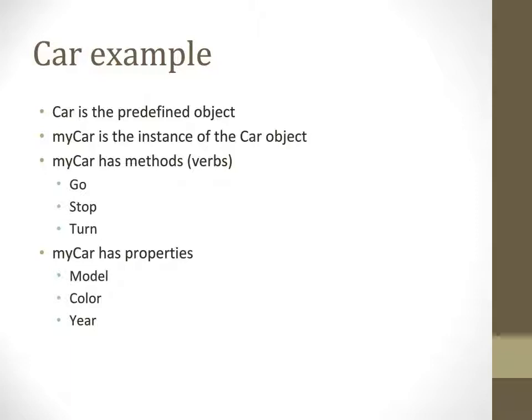It can have the model, it can have the year, it can have the color, we can have type. So if we wanted to say truck versus SUV versus sedan, we could have other things like economy, miles per gallon, all kinds of things that we can use to describe a car would be the properties of the car.